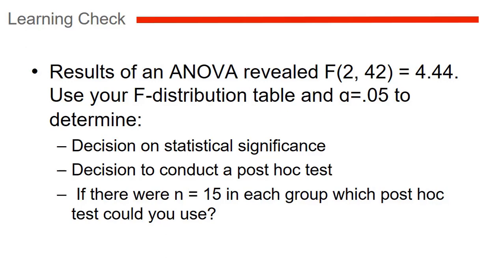Use your F table and an alpha of 0.05 to determine the same kind of things: decision on statistical significance, whether or not you're going to conduct a post hoc test, and if there were n of 15 in each group, which post hoc tests could you use?